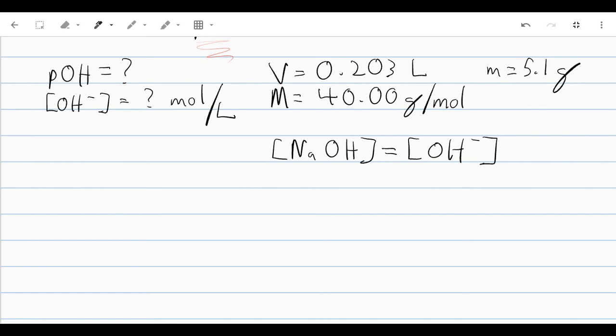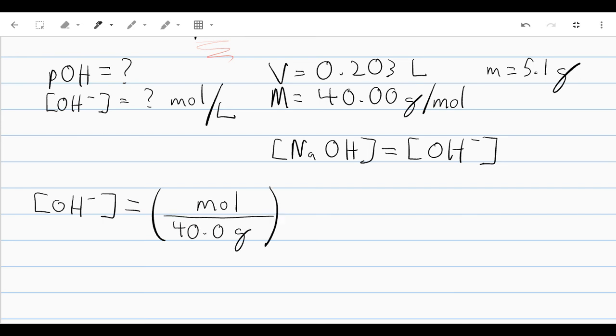So in order to do these calculations, we need to do a bit of unit canceling. I want moles per liter in the end. I have moles already, but they are on the bottom of my molar mass, so I have to flip it upside down in order to get them onto the top. So we have 1 mole for every 40 grams. I want to put liters on the bottom of my final answer, so I'm going to flip my liters as well.